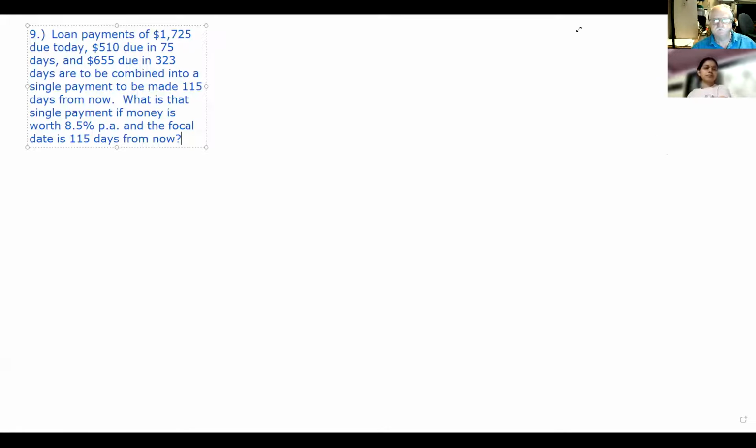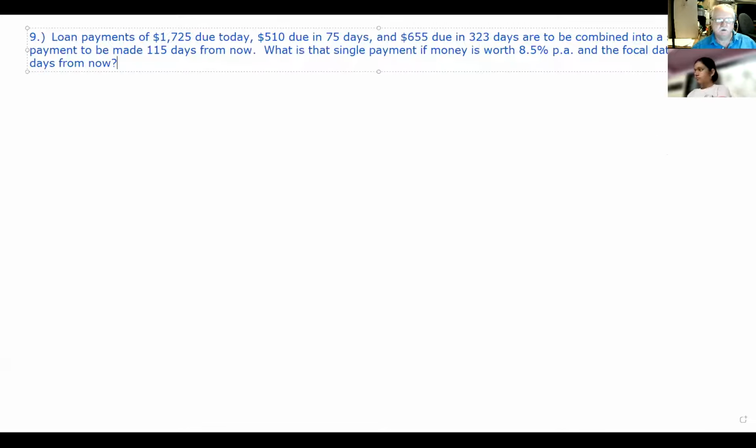Now they begin to get fairly tricky with their moving money back and forth through time. It says loan payments of $1,725 due today, $510 due in 75 days, and $655 due in 323 days are to be combined into a single payment to be made 115 days from now.